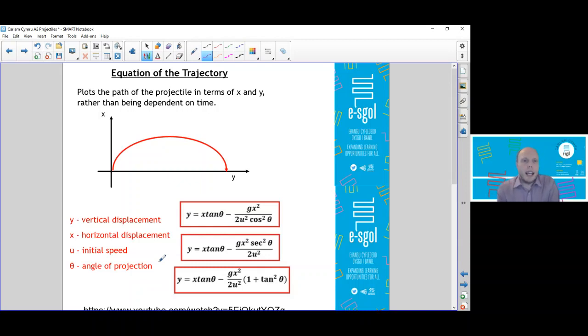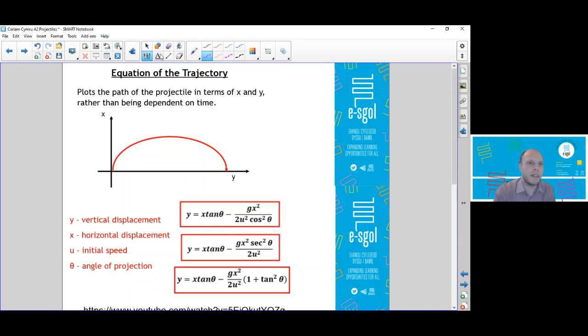Well, so far, all of our calculations have in some way or another depended on time, and sometimes you're not interested in time, you just want to know its position. So when it's 20 meters away, how high is it? Or when it's 6 meters in the air, how far away is that? And that's what the equation of the trajectory is trying to do, is trying to plot this path in terms of x and y, horizontal and vertical.